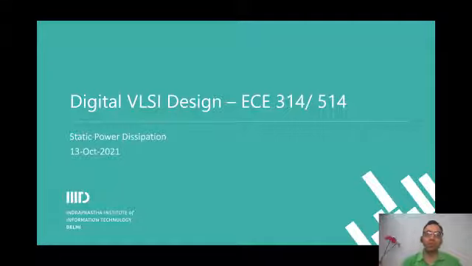Okay, so what do you mean by static power dissipation? When the input is stable, nothing is changing, at that point of time there might be some leakage. So static power is when there is no change in input, everything is stable, and even then some power is getting consumed. See, in CMOS, we will do it in much more detail later also.